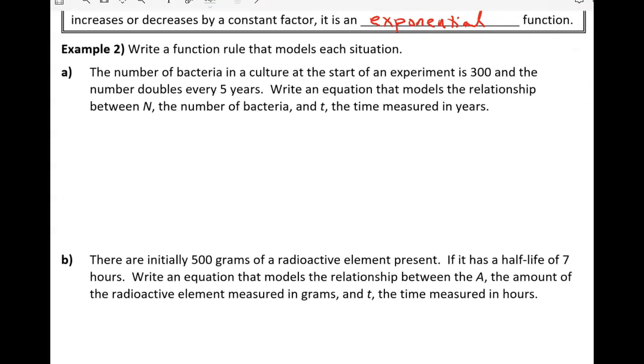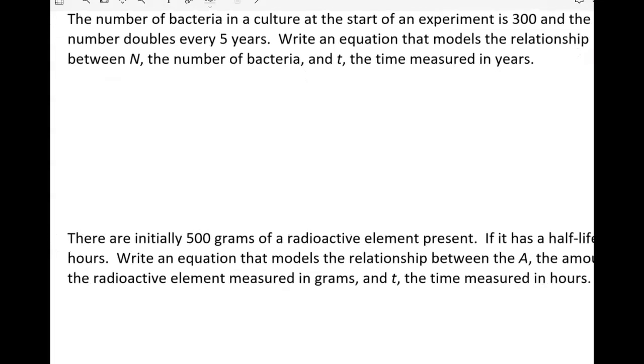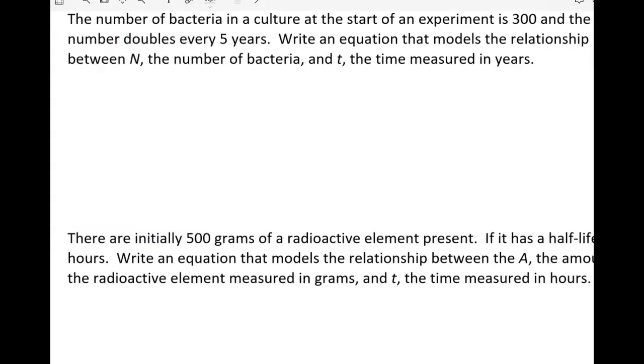So in example 2a, we have the number of bacteria in a culture at the start of an experiment is 300. They give us some variables to use here. They said that t is time measured in years and n is the number of bacteria.